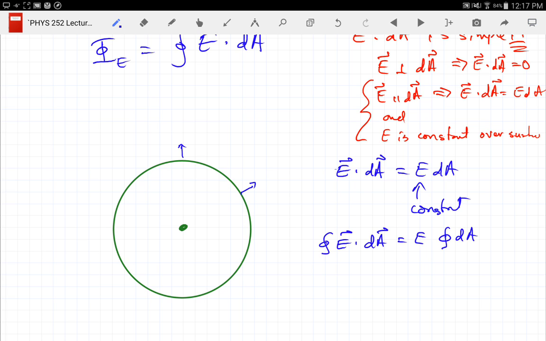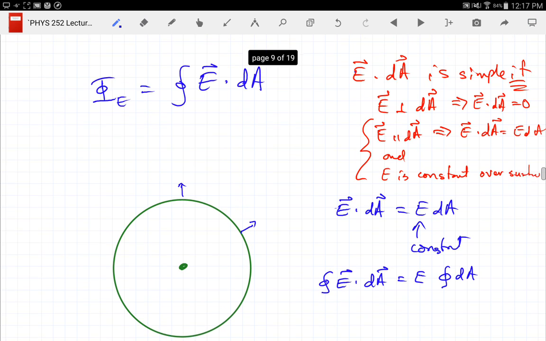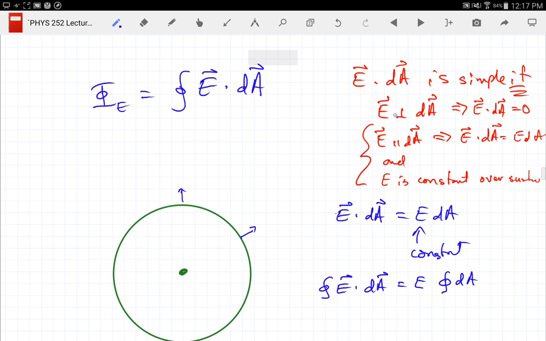So we need the electric field directly coming out of the surface. I was confused earlier when you said it was 0 if it was perpendicular. Right, if the electric field is perpendicular to dA, that means the electric field, in this case, would have to be going in a circle.